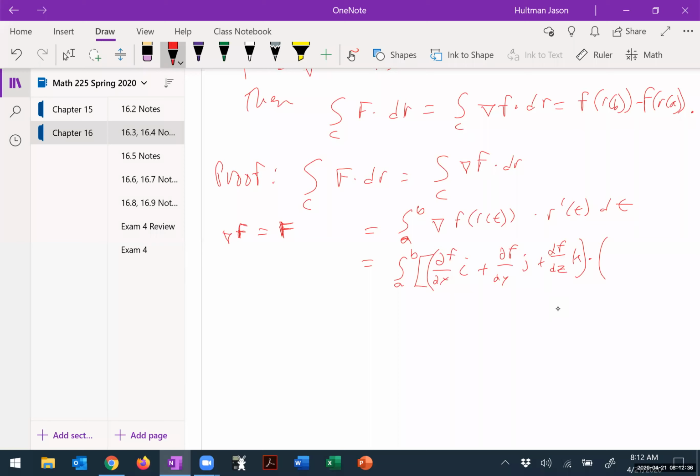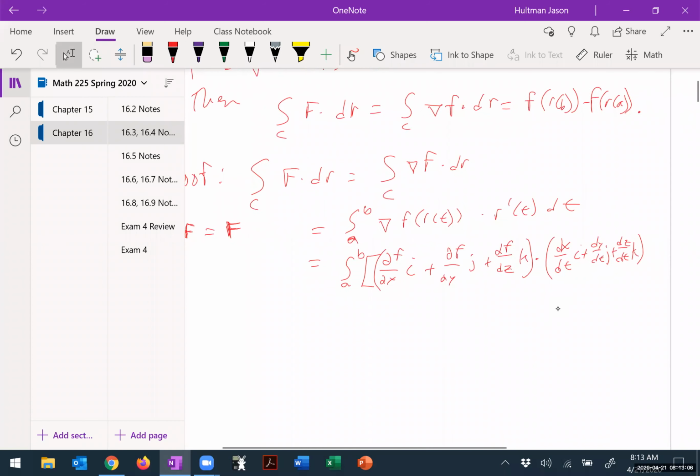But r prime of t is a vector valued function, and so this is going to be dx dt, whatever that is, for i, plus dy dt, j, plus dz dt, k, and that's all with respect to dt at the very end. I'm going to pull this over so I can plug in a dt.